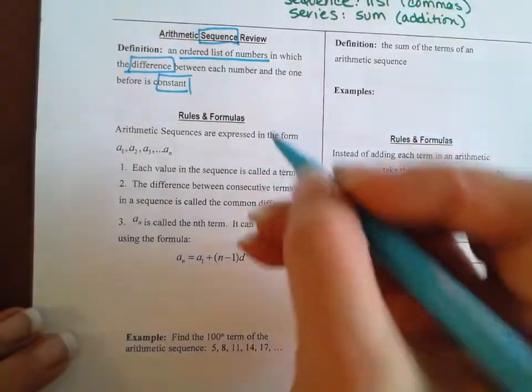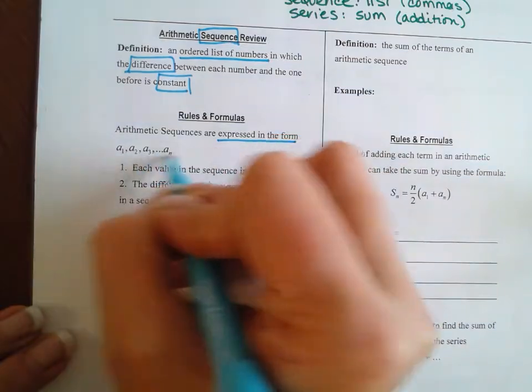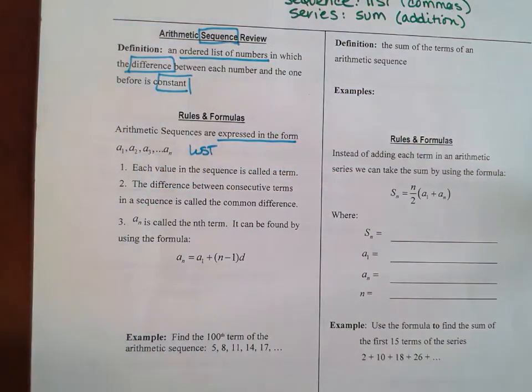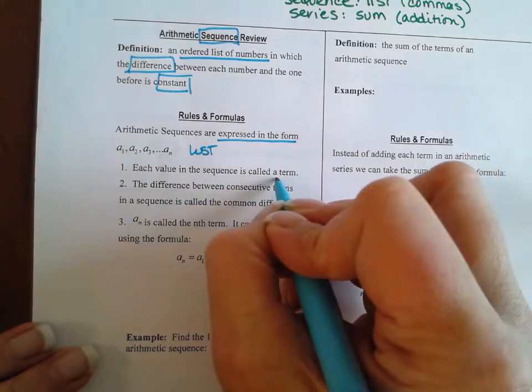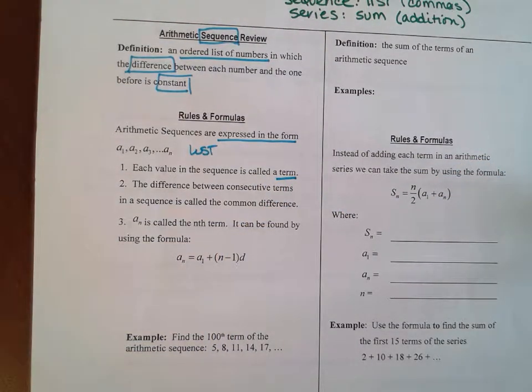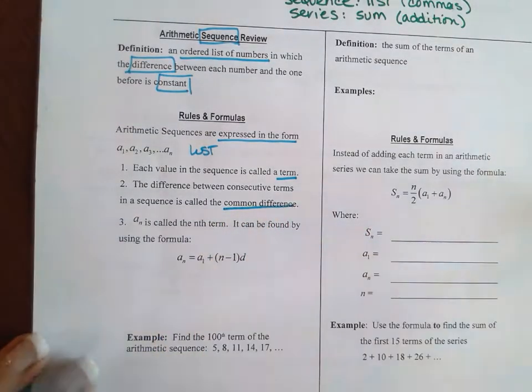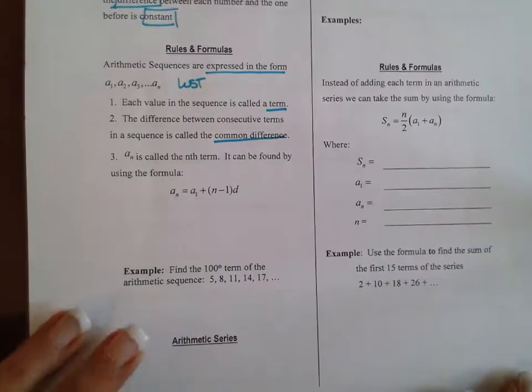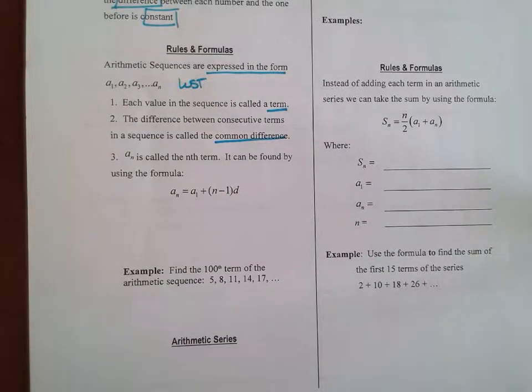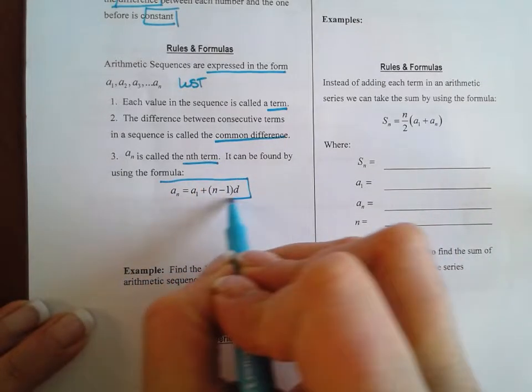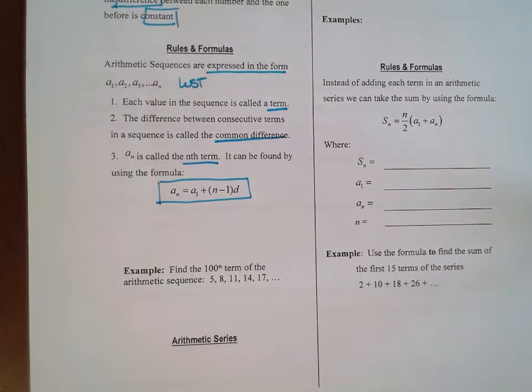We also know that they are written as a list, and that every value in that list is called the term, and the difference between those terms is called the common difference. And we have an unknown term that we can use, this handy dandy formula. Find all sorts of info on. Good?